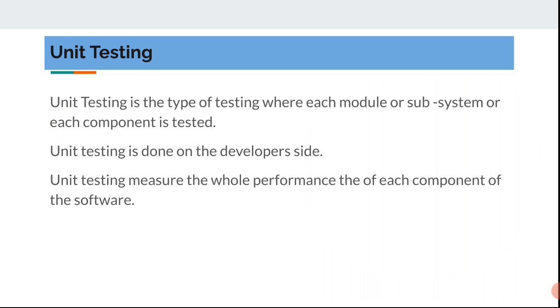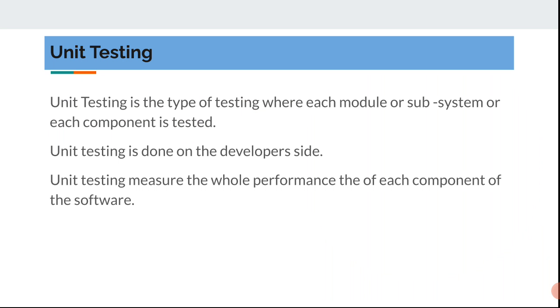So we have the unit testing. Unit testing is a type of software testing in which a single component of the software is tested, or we can easily say the subsystem is tested. Unit testing is done on the developer side. When the developer is developing the system, they first develop a simple system, a subsystem, or a part of the system.